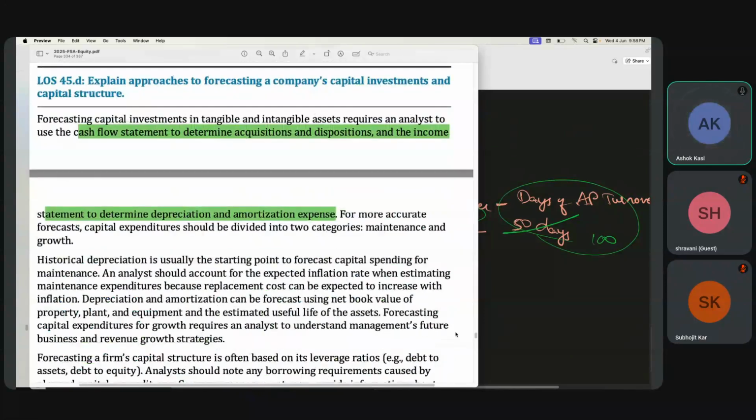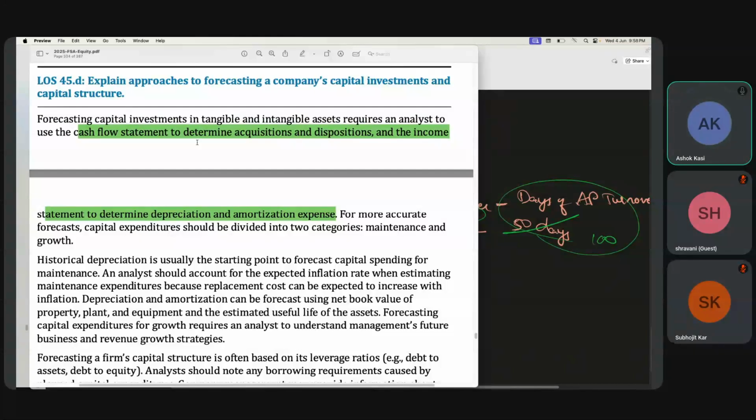Then, forecasting capital investments in tangible and intangible assets requires an analyst to use the cash flow statement to determine acquisitions and dispositions, and the income statement to determine depreciation and amortization.